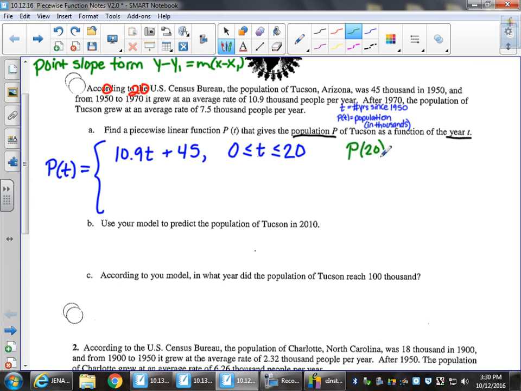P of 20 equals 10.9 times 20 plus 45. So let's take our calculator. We're going to do 10.9 times 20 plus 45, and we get 263.